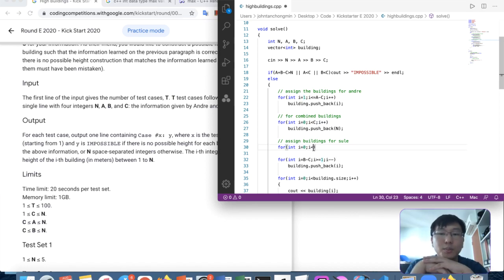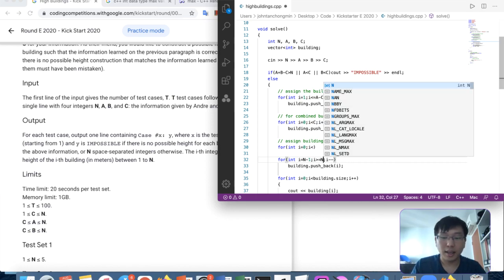We want these buildings to be definitely blocked for Sul. So it needs to be like b minus c minus 1. Or actually, over here what I should do is make it as high as possible. So i is n minus 1, i greater equals n minus 1 minus b minus c.